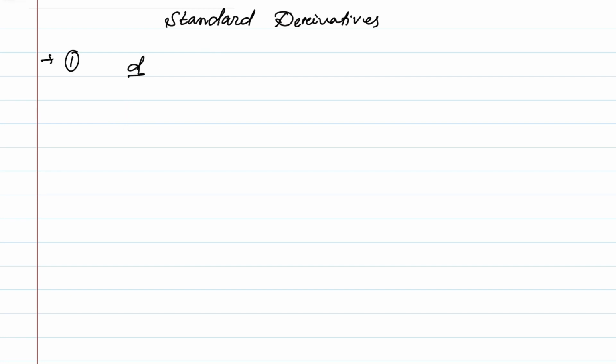So differentiation or derivative of x to the power n is always n x to the power n minus 1. This is the derivative of x to the power n.